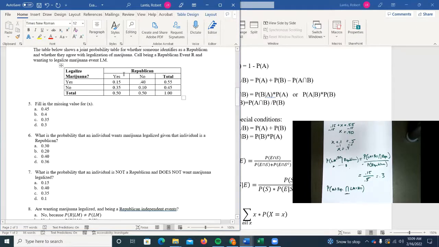So what's the probability that they don't want marijuana legalized and they're not Republican? That should just be 0.1, right? So anytime you have a contingency table and you're asked for the probability of an intersection, that's simply going to be going up to that table and identifying the cell that would give you that intersection. One of those top 4 left cells, whatever the row and column headings match up to, whatever combination of events you're looking for.